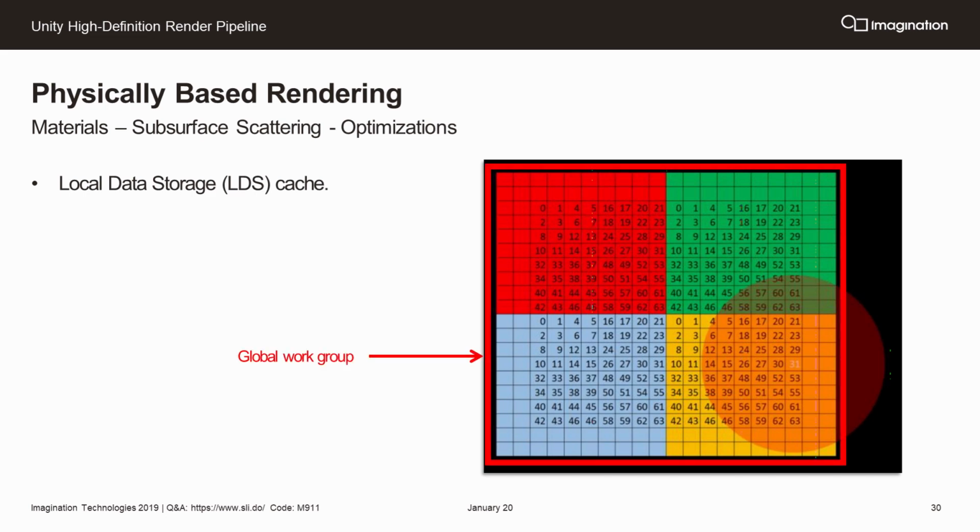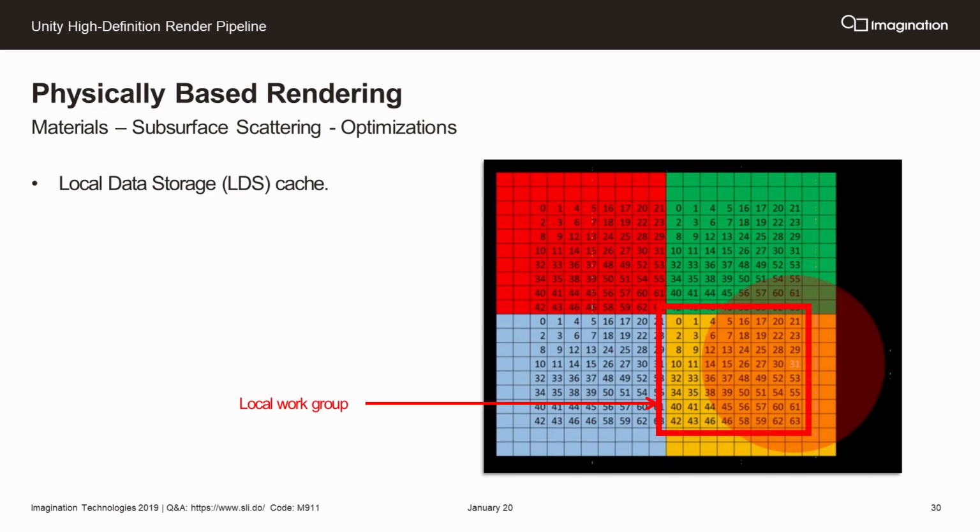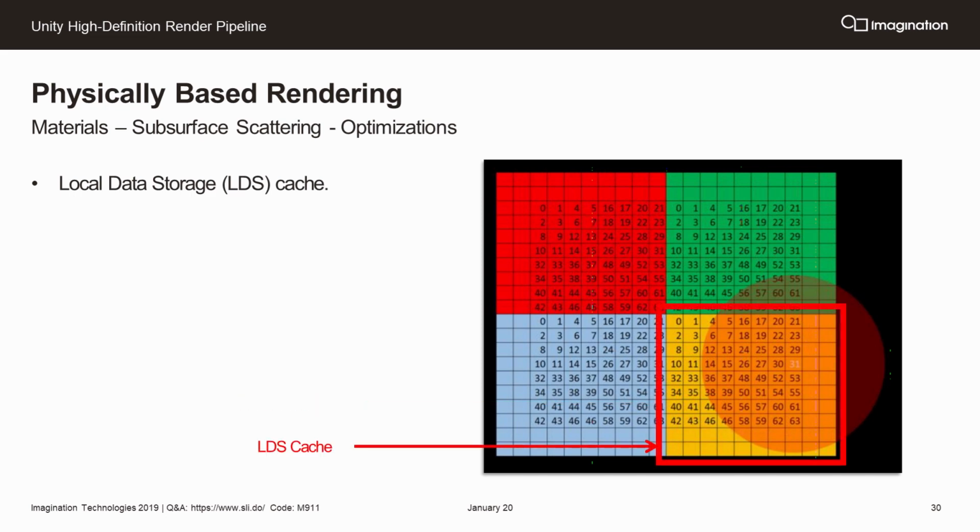And in this image here, you can see this highlighted region is the global work group. And this area is the local work group. And this larger area is the local data storage cache. Now, each thread loads in a radiance and linear depth value into the cache at the beginning.